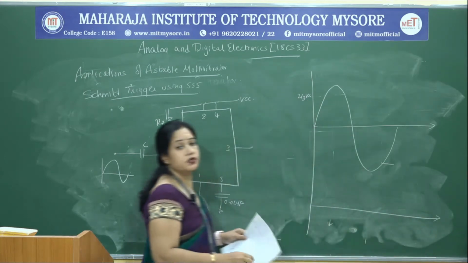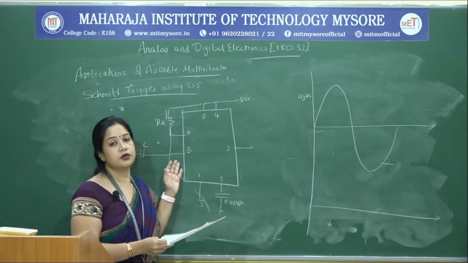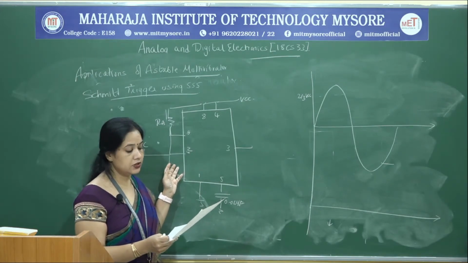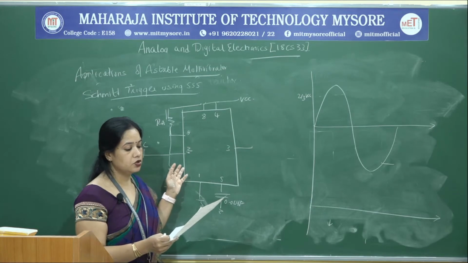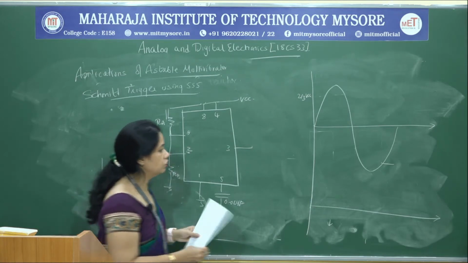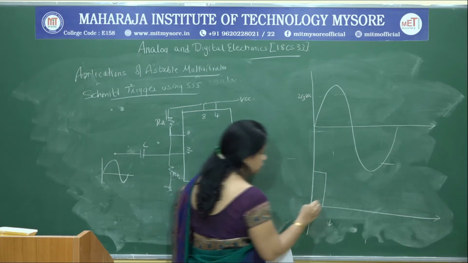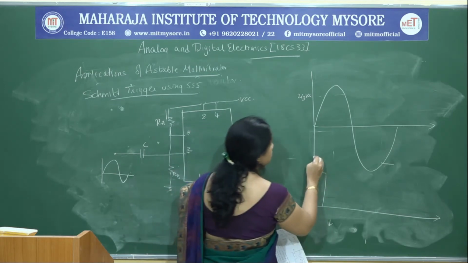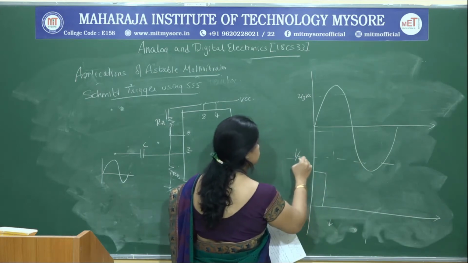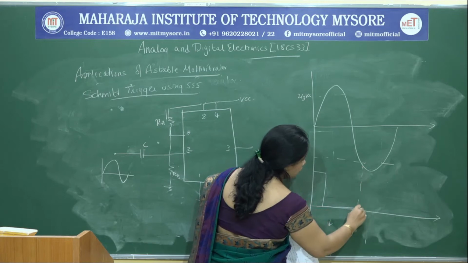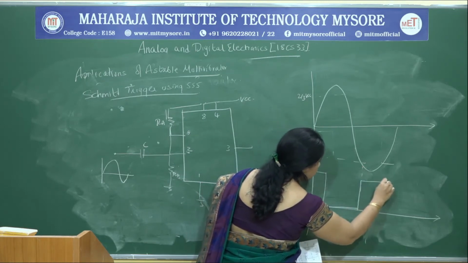The upper comparator input crosses 2/3 VCC. You can see if the output is initially high, it switches to a negative saturation, and when the input falls below 1/3 VCC, it continues to be low, and when it falls below 1/3 VCC, it again switches to high.